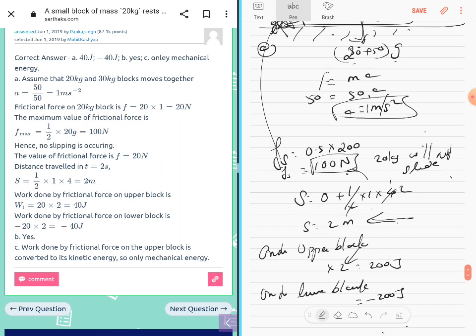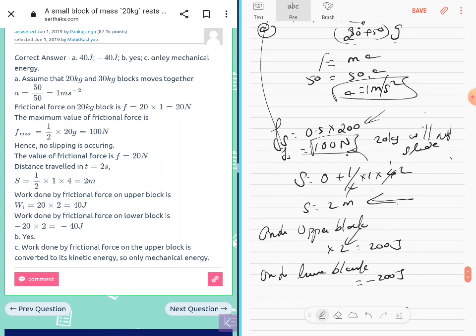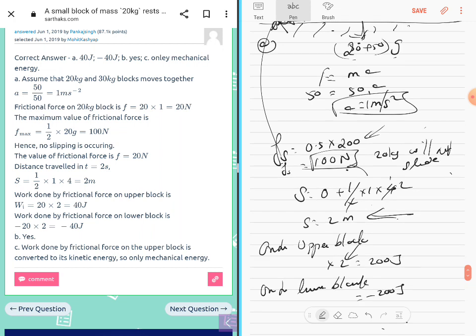I got it as 100 Newton. Yeah, that's Fs maximum, correct. Work done by the frictional force on the upper block is mu into normal reaction on the upper block. Yeah, it's mu into normal reaction, which is 20, and so you get 100 newtons.